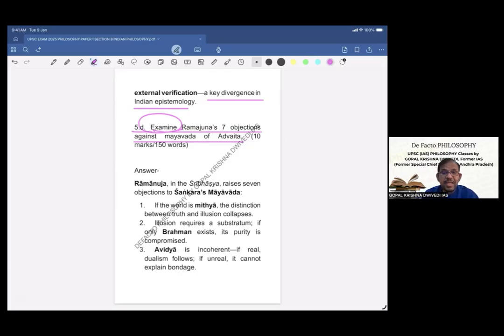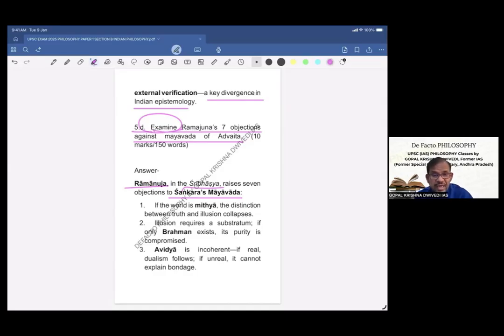Accordingly, the answer: Ramanuja, in Sri Bhasya, his book, raises 7 objections to Shankara's Mayavad. First, if the world is mithya, the distinction between truth and illusion collapses. Second, illusion requires a substratum. If only Brahma exists, its purity is compromised. Third, avidya is incoherent. If real, dualism follows.